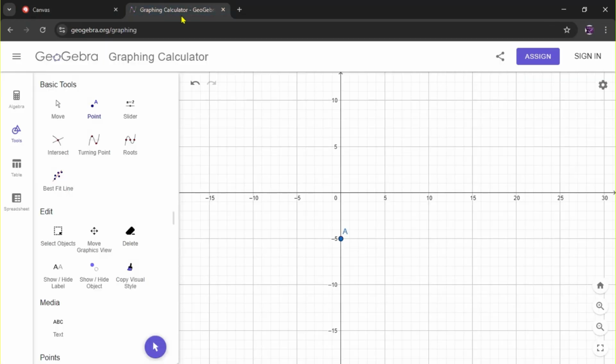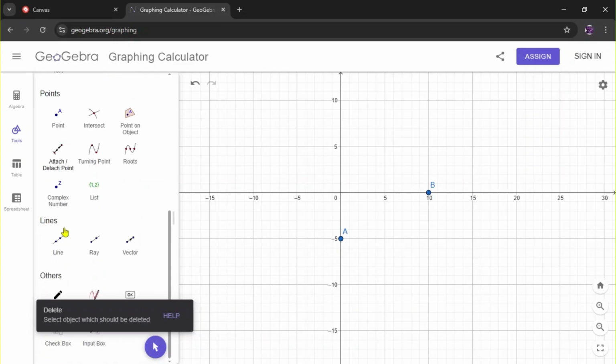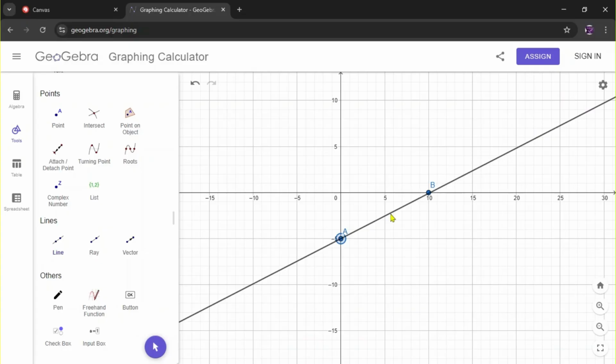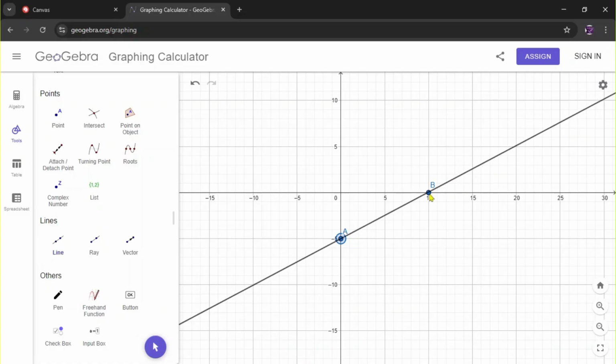So you have 10, 0. You have 10. Then you're having 0. You have it value like that. Then we draw a straight line that is passing through the 2 points. So you have it like that, passing through the exact points.